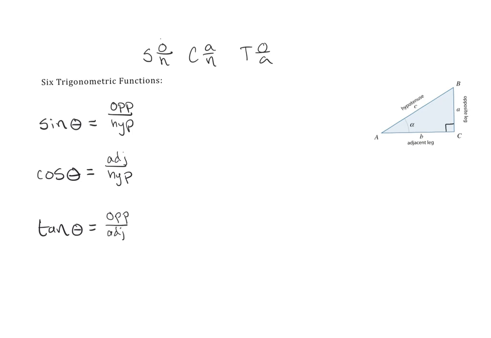So now we're going to look at the reciprocal of sine, cosine, and tangent. So reciprocal you could think of as 1 over sine theta, which is called cosecant. And you're also thinking about these ratios just being flipped. So it's hypotenuse over opposite.